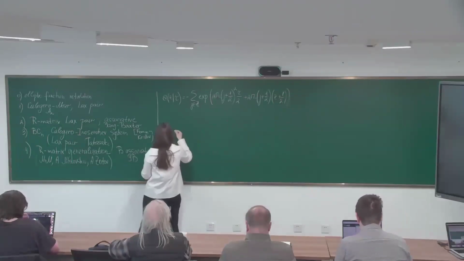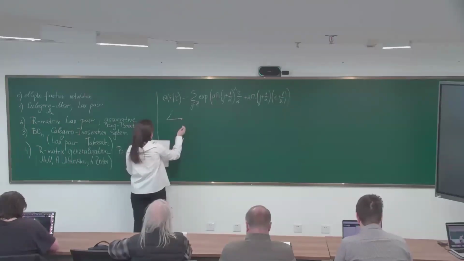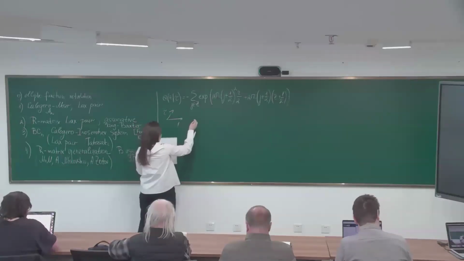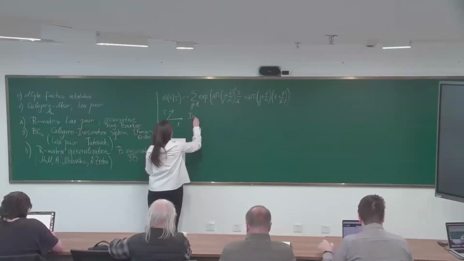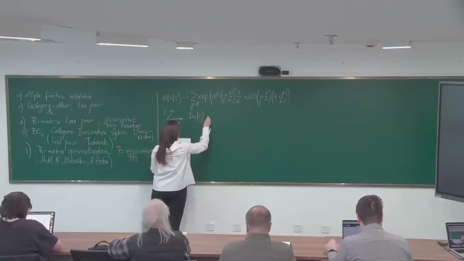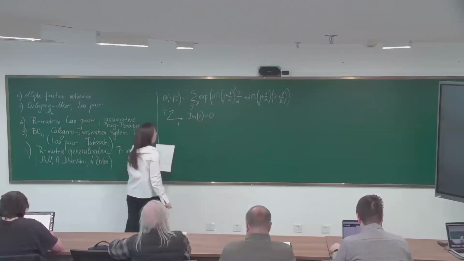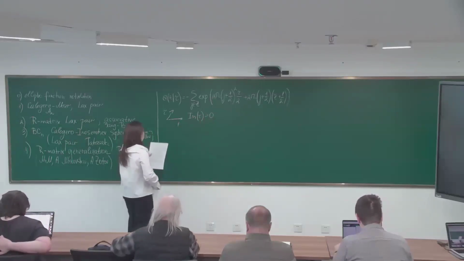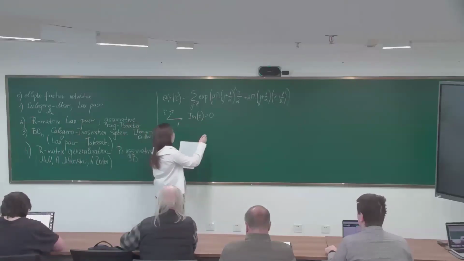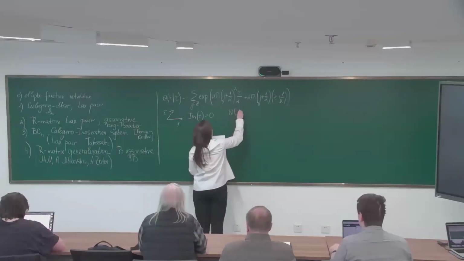So this is the theta function. We have the lattice of periods with periods 1 and tau. So the imaginary part of tau is positive, and this is odd theta function, so we have this property.